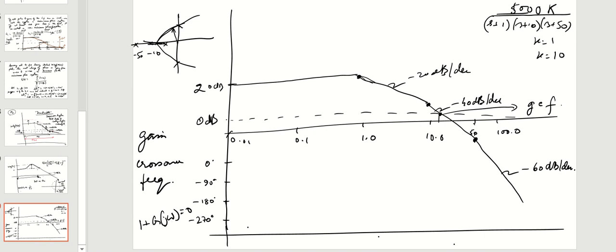Suppose now there exists some such omega, then what would happen at that particular value of omega? Let's say somewhere here, we don't know what it is. Not only is it important that you have the gain equal to 0 dB, which implies unity, but also you need the phase to be minus 180 degrees.